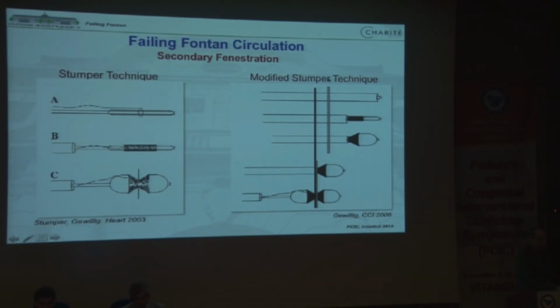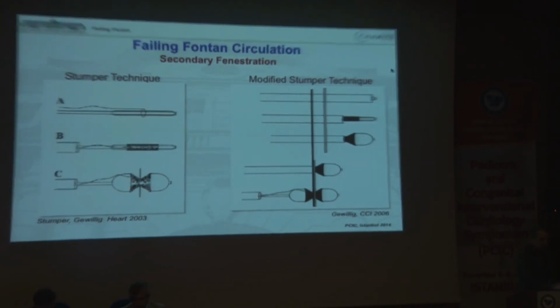This was modified by Marco Willig in Belgium, who supported this type of Stümper technique with a specific implantation procedure, with deployment of part of the stent in the left atrium and then withdrawal of the sheath to establish the Diavolo stent formation.